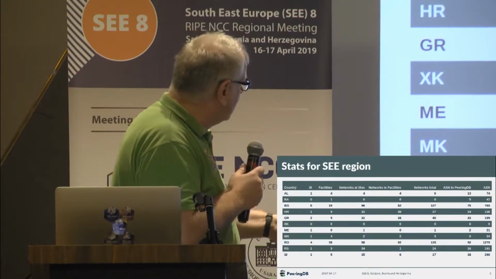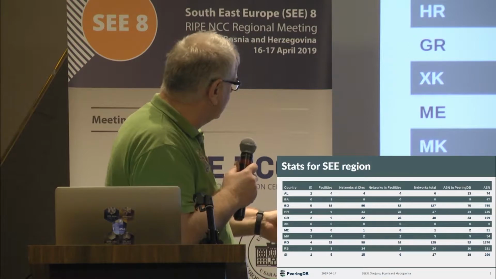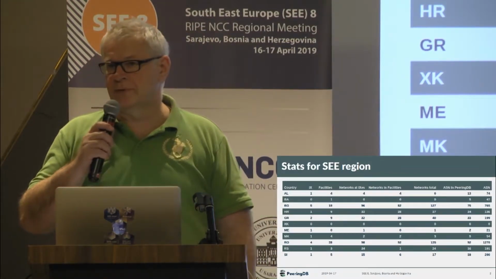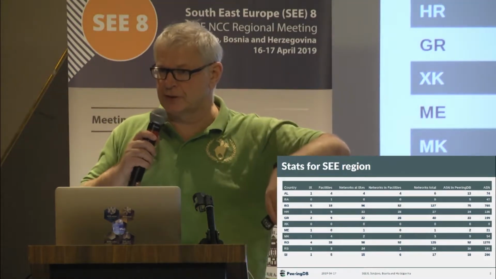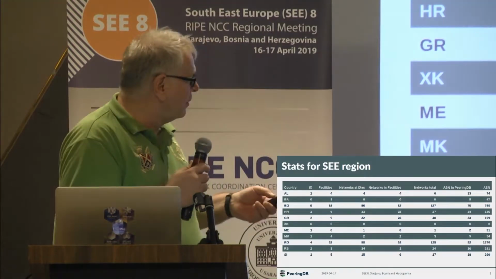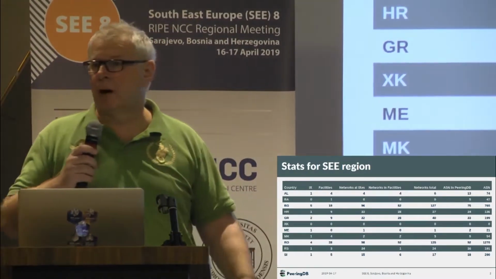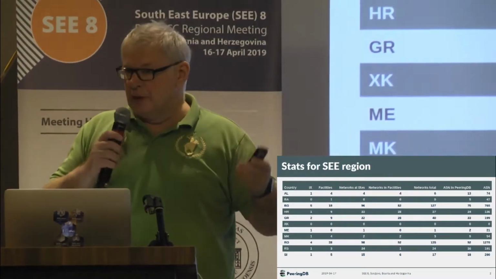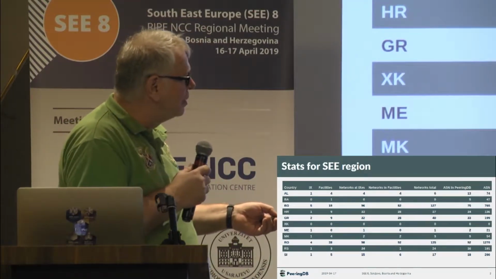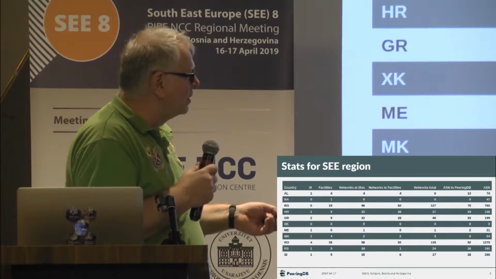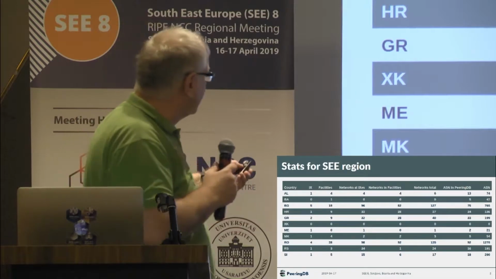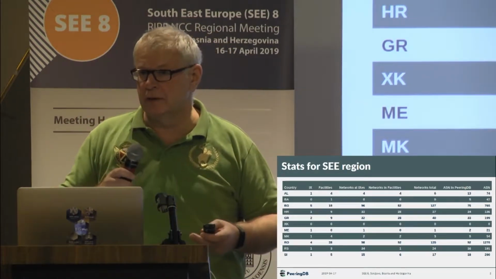I did the calculation already a couple of days ago. There are a total of 47 ASNs registered in this country. But this does not necessarily mean that all of them are peering. Maybe some are not yet operational, but this gives you an idea of the potential of what could peer at an exchange, for example, locally.